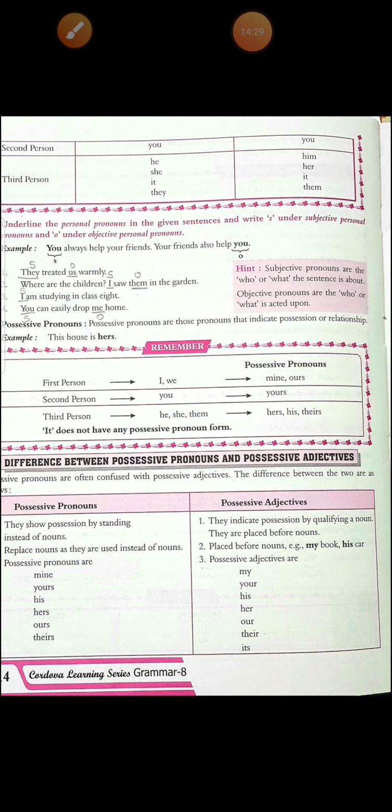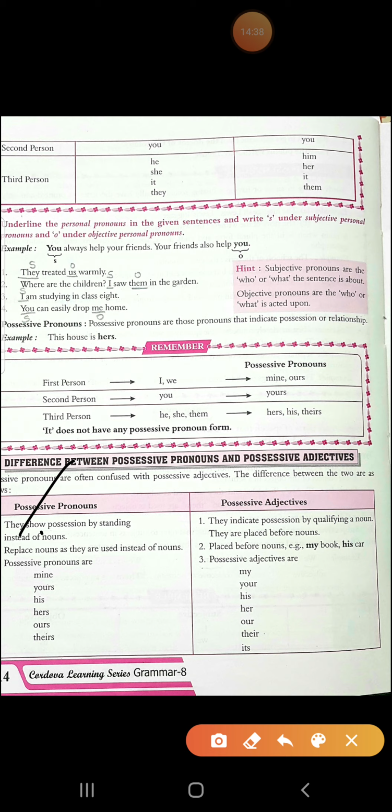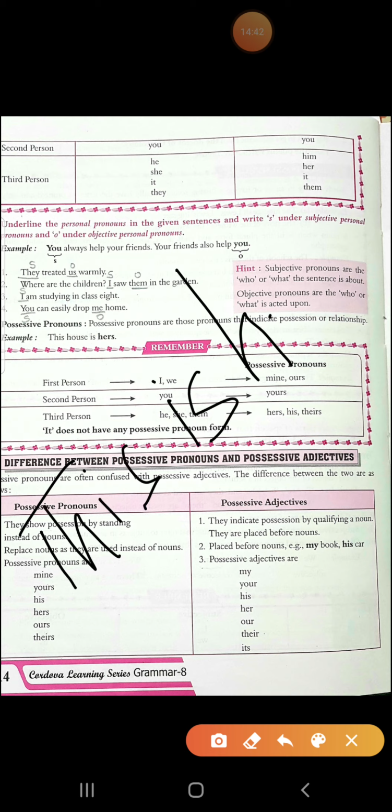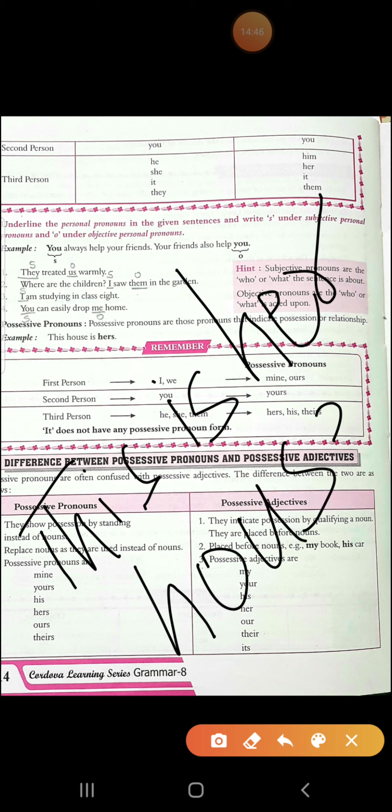Possessive adjectives are placed before nouns, like my, his, her. If I am saying this is her house, here this her will be a possessive adjective.